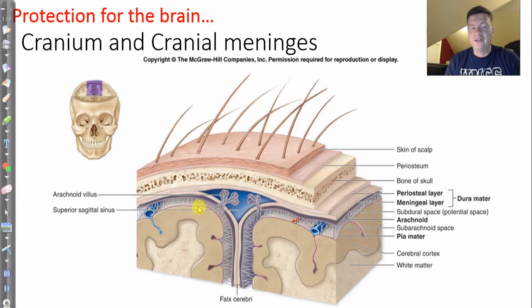It's actually going to end up exiting the subarachnoid space via the arachnoid villus and then eventually re-enter this sinus. The sinus is continuous with our venous blood supply. So, in short, your cerebrospinal fluid will eventually, once it's done circulating around the brain and spinal cord, end up being put back into your blood, being mixed with the blood, and that's how you get rid of it.